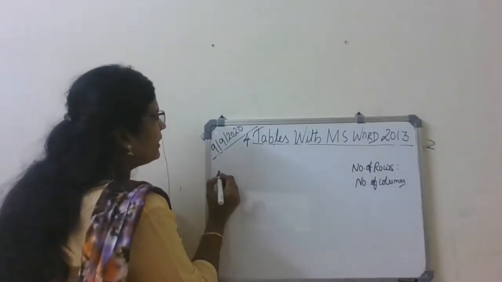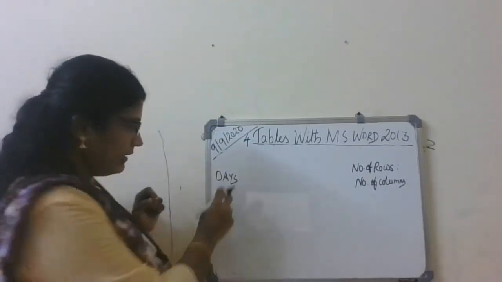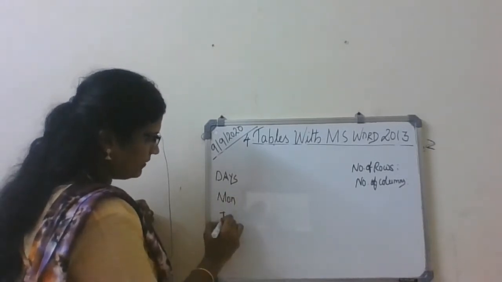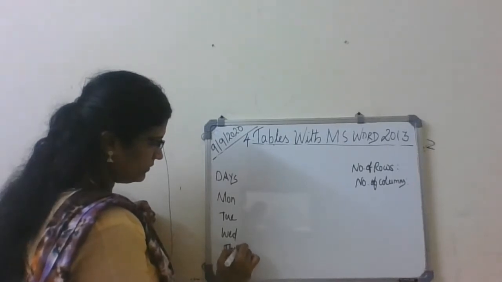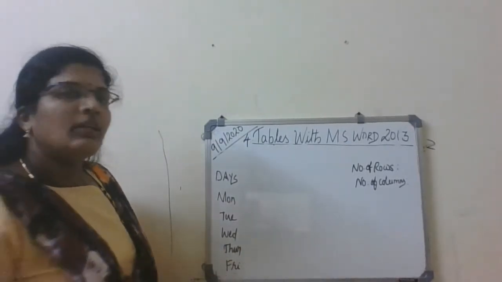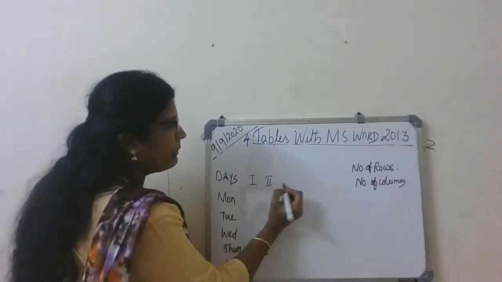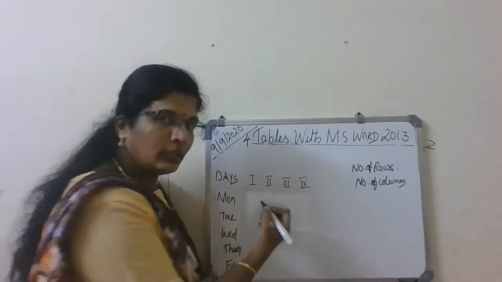So first we need days. Here we write Monday, Tuesday, Friday. So total 5 days. So this is the first column. Then second column, first period, second period, third period, fourth period.